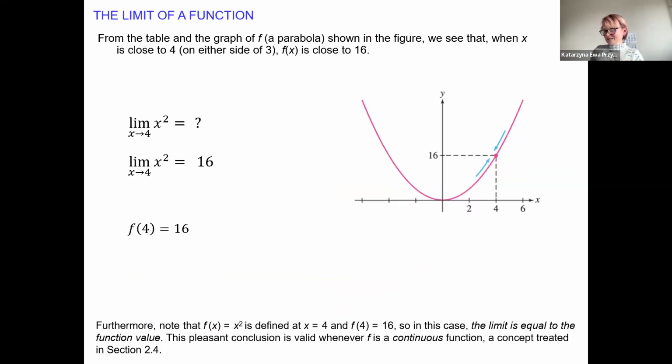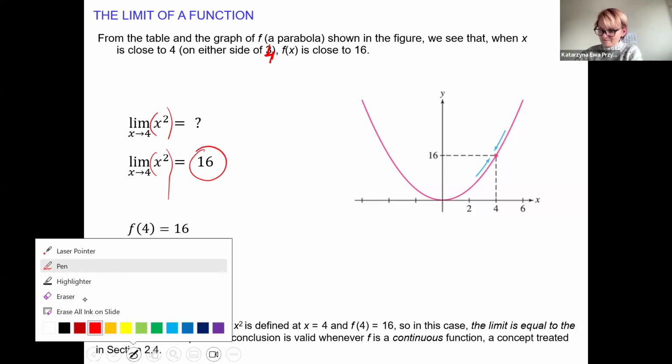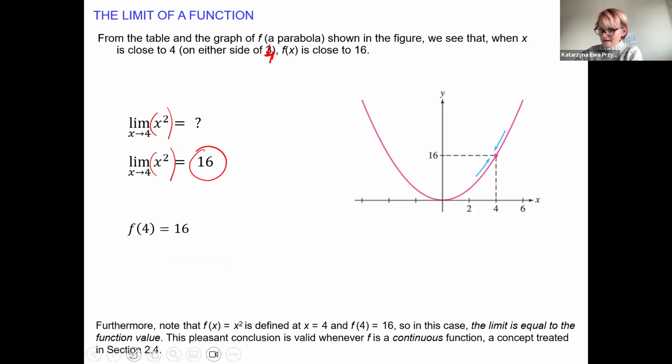And yes, I will repeat this. This is supposed to be 4. I see the typo. Okay, that's the notation: limit as x approaches 4 of the function x squared. We found out that it is 16. We don't need parentheses, but I can put them.